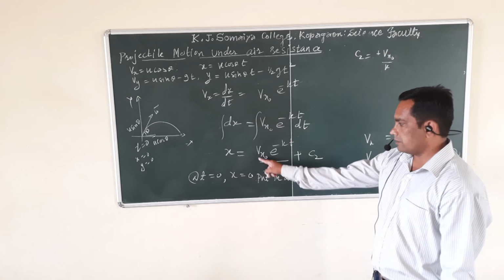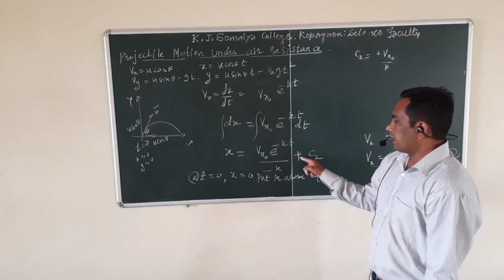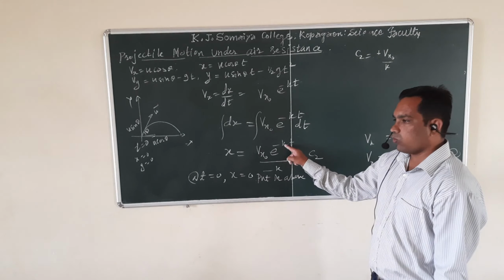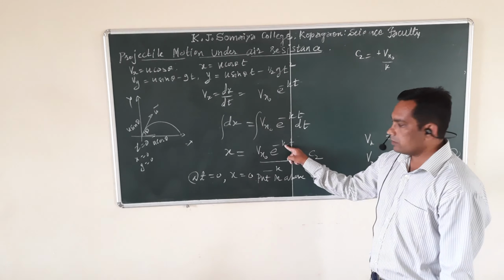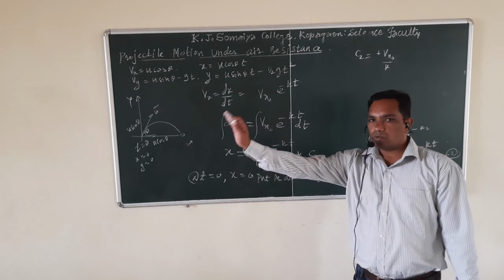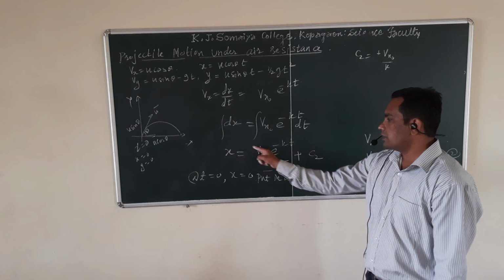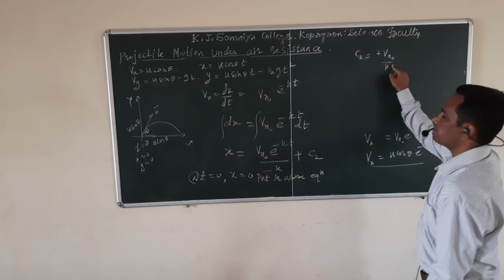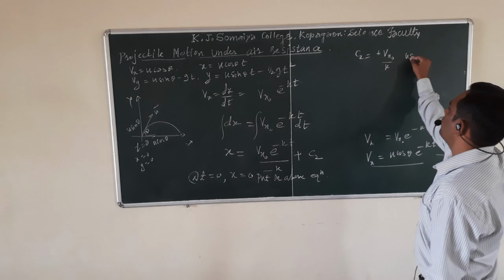I forgot the factor minus 1 upon k. At t equal to 0 this factor becomes 1 because e raised to 0 is 1, so minus Vx0 upon k. When we take this towards the right hand side, c2 is equal to Vx0 upon k. So we use this in the above equation.